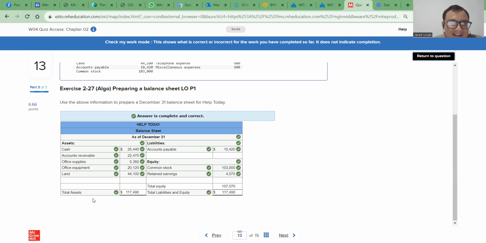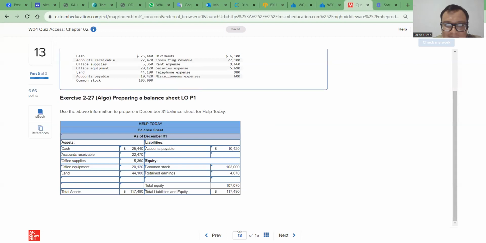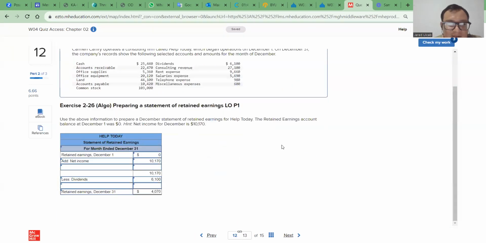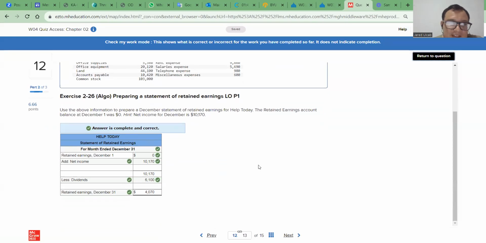And remember that the accounting equation says that every time we have to be in balance: assets equal total liabilities and equity. So I will go to the previous question and check my work. Yeah, the answer is complete and correct.